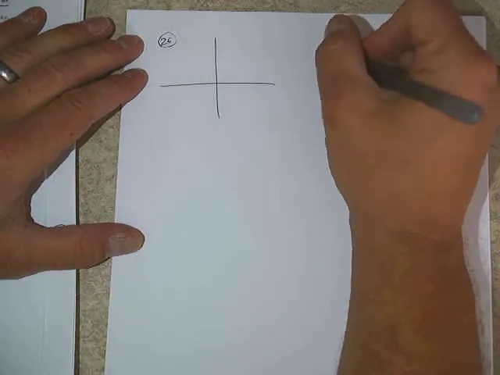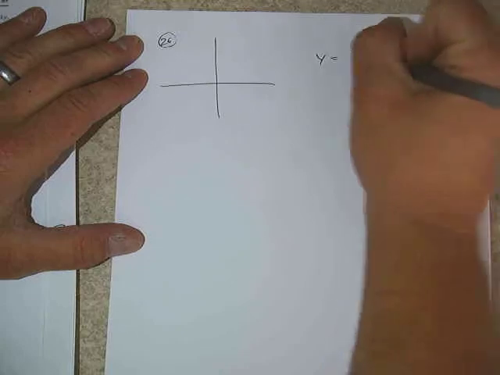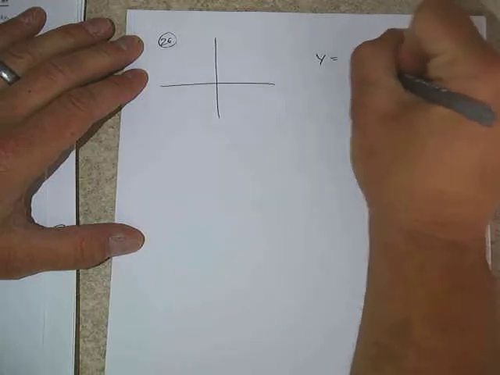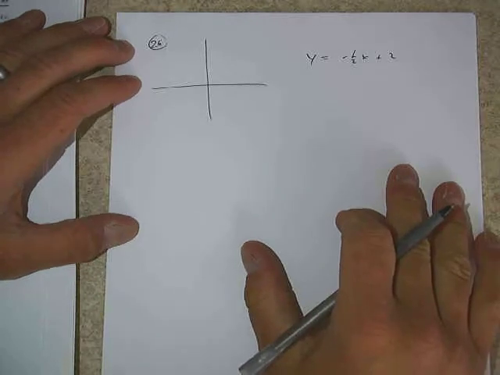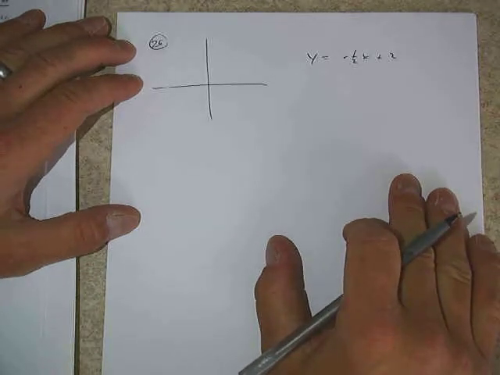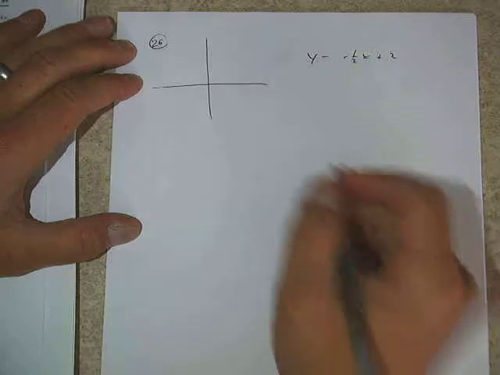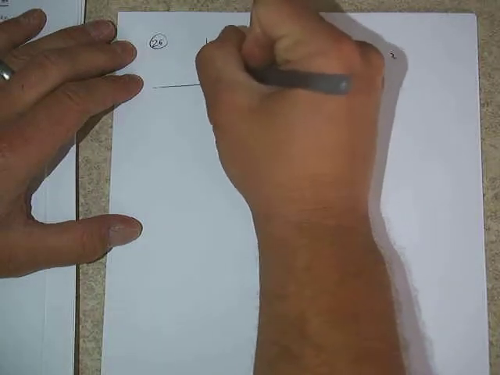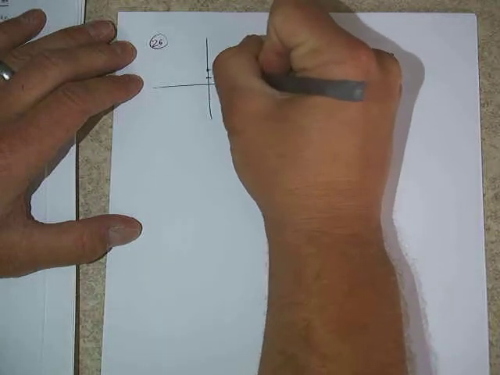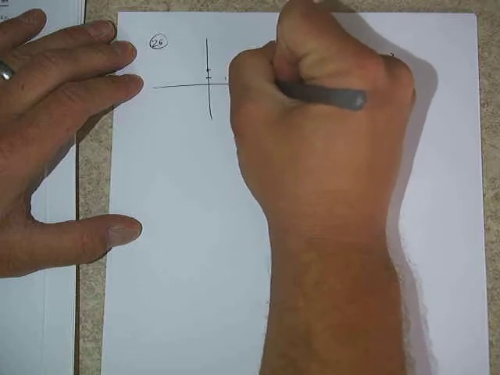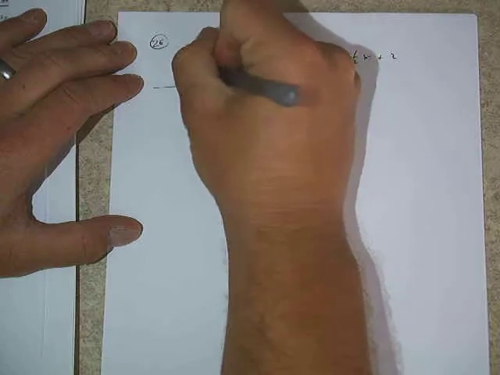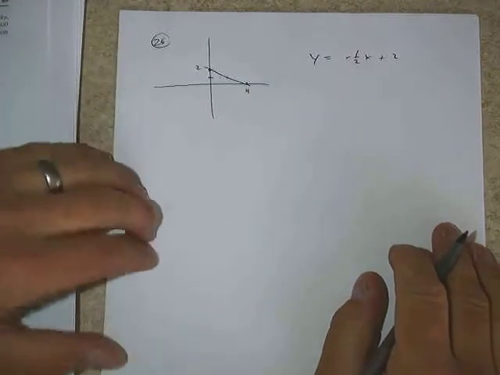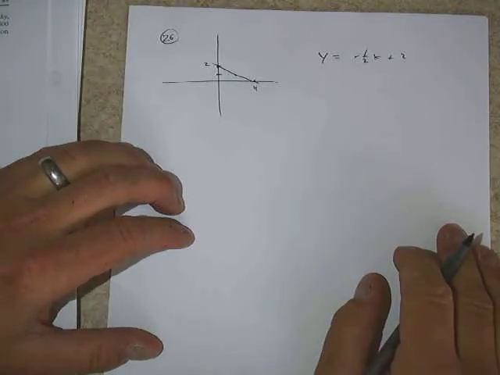Okay, and 26, next part. It says that the base of the solid is the region bound by the line x plus 2y equals 4. So we got this line and the coordinate axes, and if we solve this here, we'd have y equals negative 1/2 x plus 2.